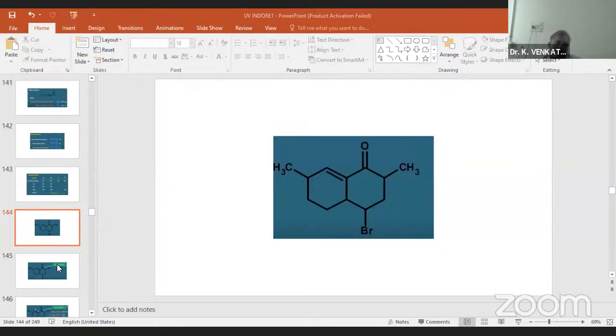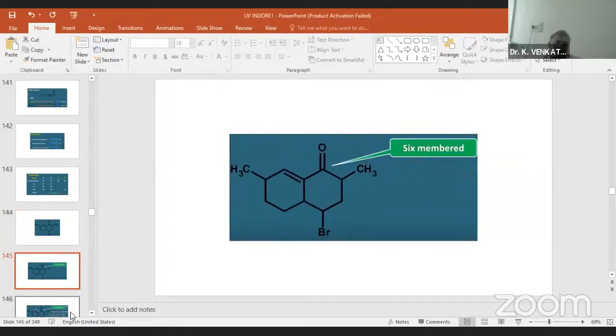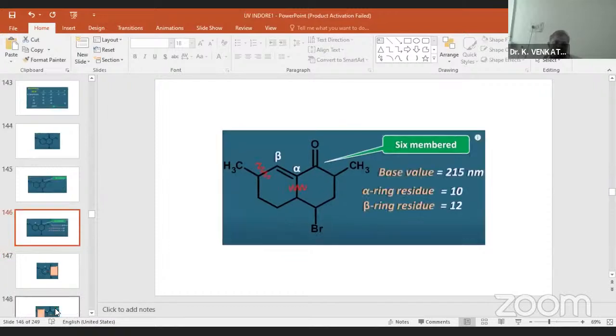So what is the value, ma'am? 42. I am asking all faculty members, not only you. So what are the answers? 42. So here the ketone is present in a 6-member ring. So what is the answer?